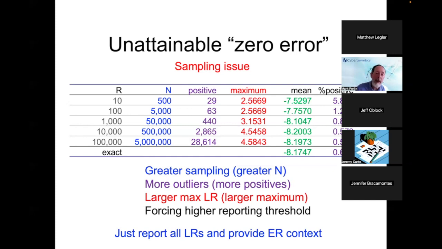But it's really a sampling issue because that 0 error is unattainable. The first column is showing R, the number of references, as it goes from 10 to 100,000.